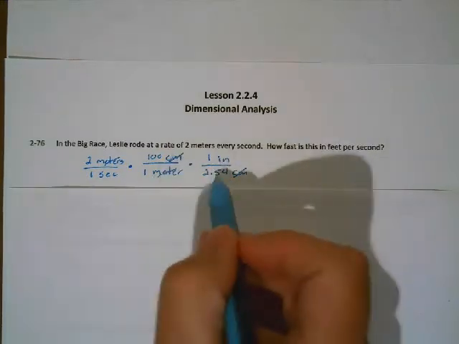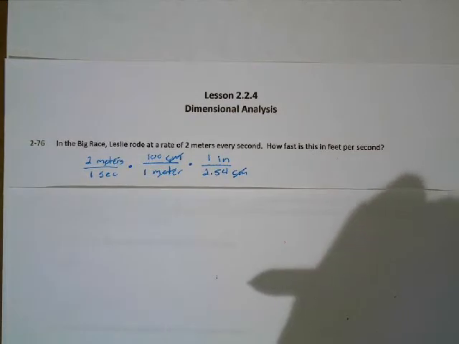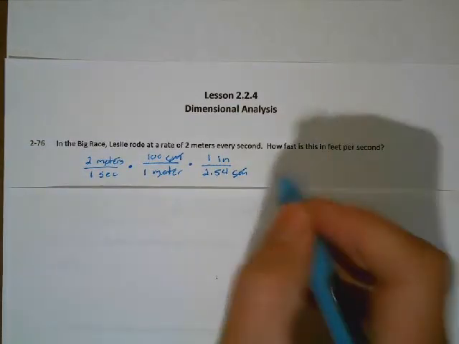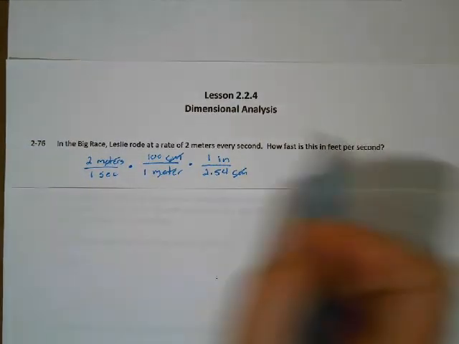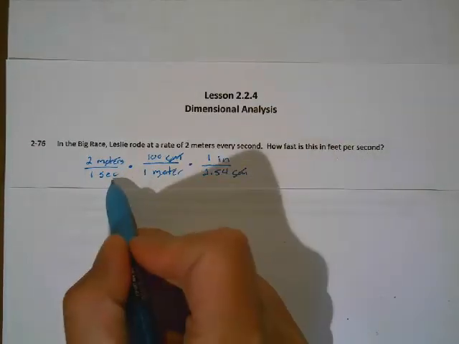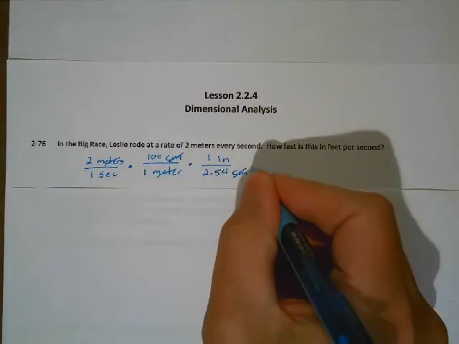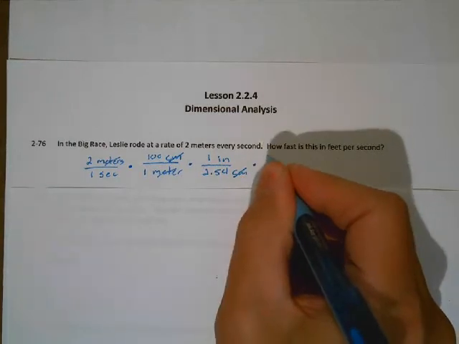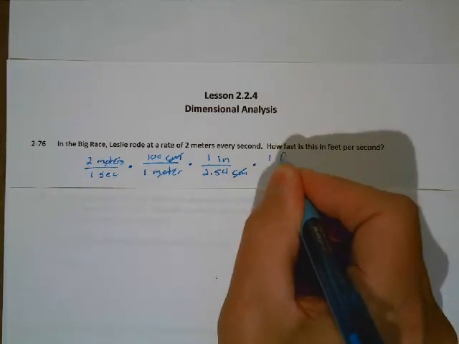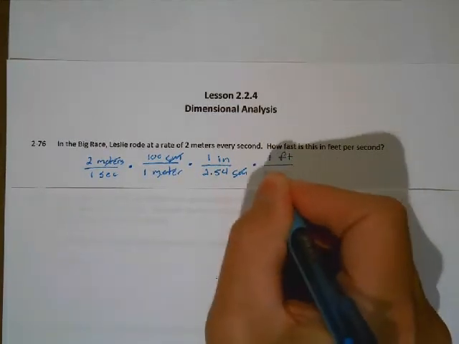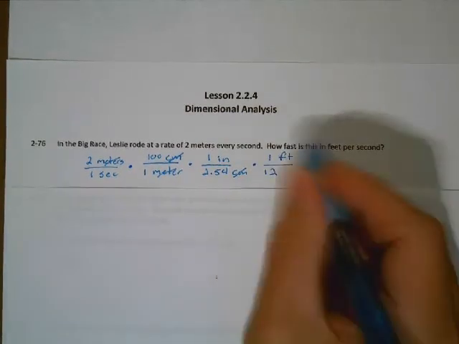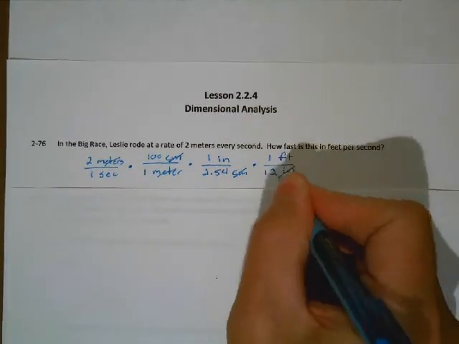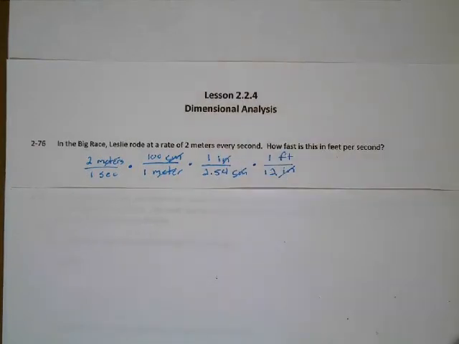So we're just multiplying by 1 each time and changing our units as we go. Now, it's still not in feet per second, it's in inches per second. So my last thing is I'm going to say, okay, I need to multiply this by 1 foot for every 12 inches. And now inches is canceling out there.